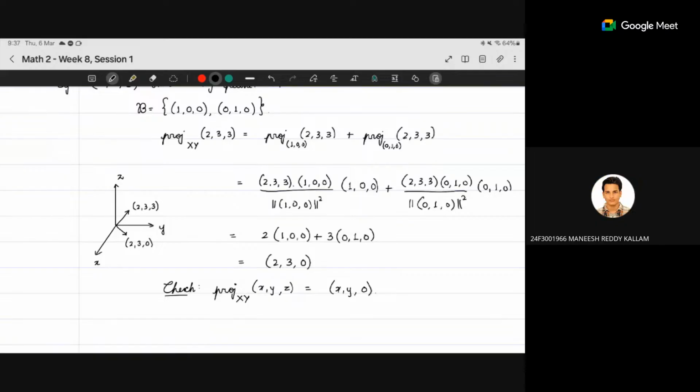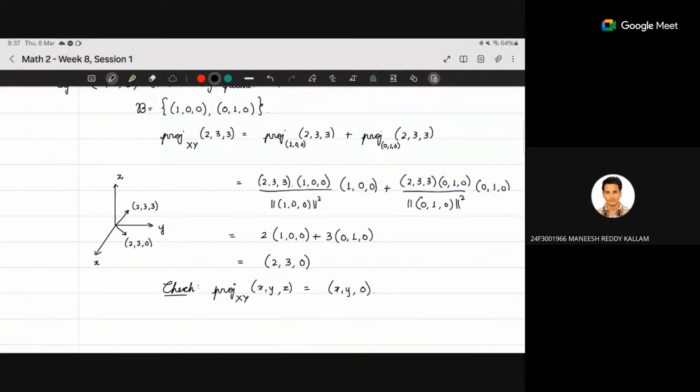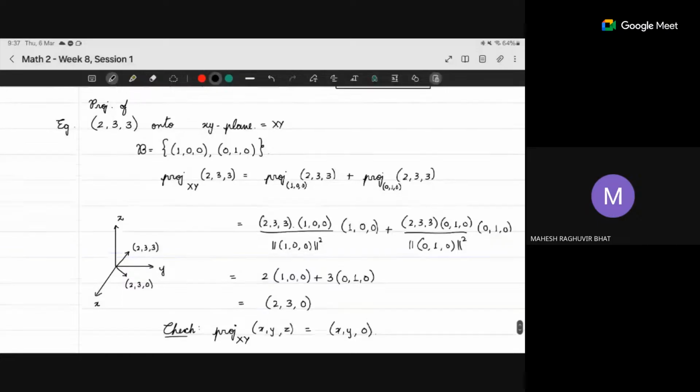Sir, can we say this works only with the standard basis vectors, since we have taken only (1, 0, 0) and (0, 1, 0)? No, it would work for anything. This projection is independent of the basis.